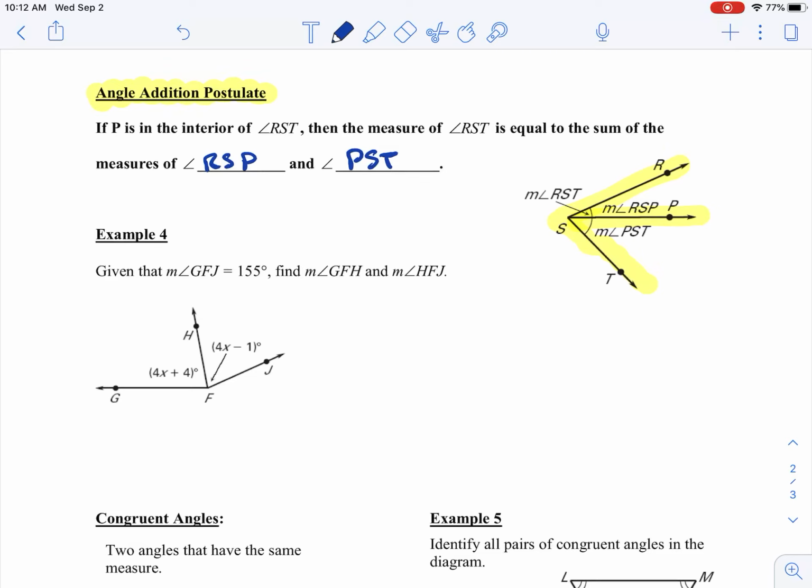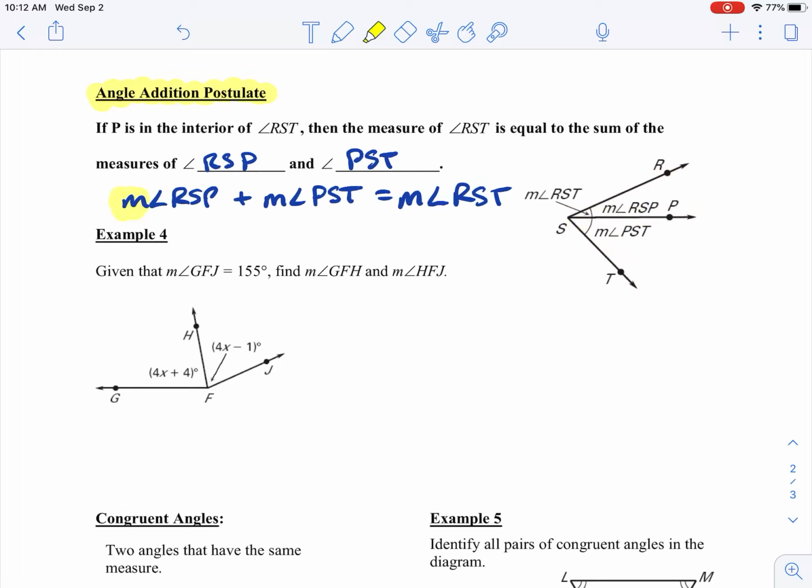So basically what I'm getting here is the formula, the equation. If I were to take this one first, measure of angle RSP plus this angle here, measure of angle PST, is equal to the measure of angle RST. So let me clear this out over here so that you guys can see a little bit clearer.